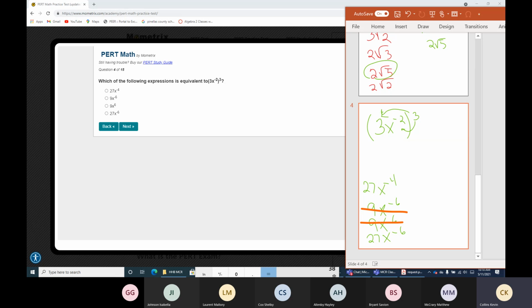Now, when you have something that has an exponent and then you raise it to a power, what do we do with the exponents? Add, subtract, multiply, divide, what do we do? So I've got negative 2 power, and then I'm raising that to the third power. What do I do with those guys?